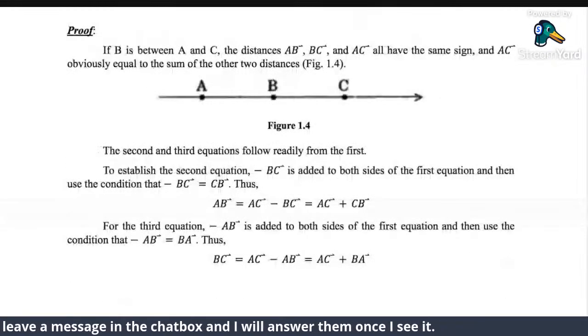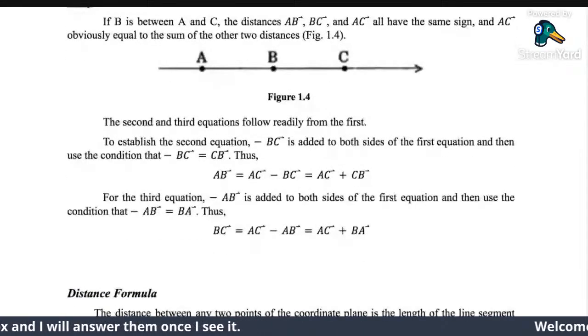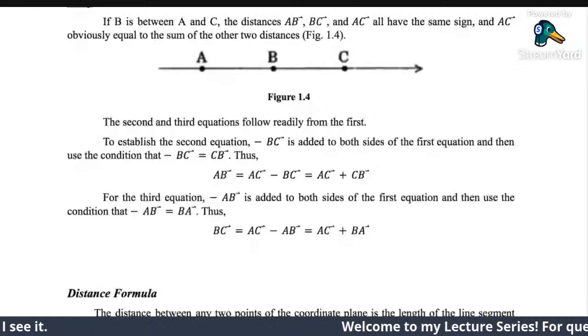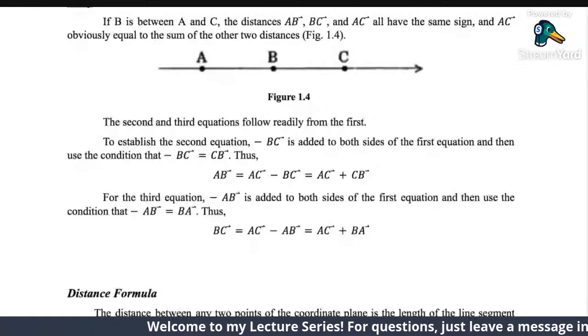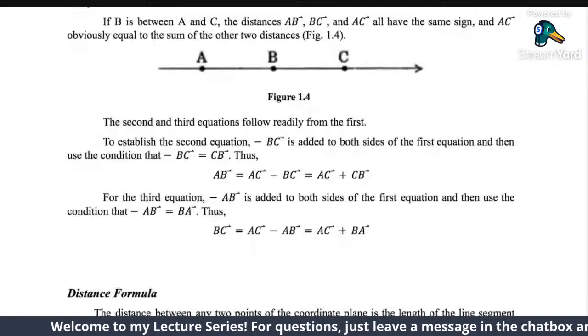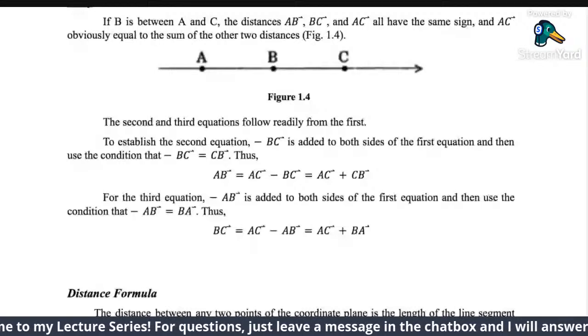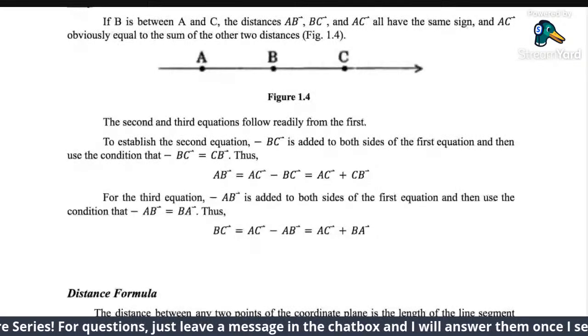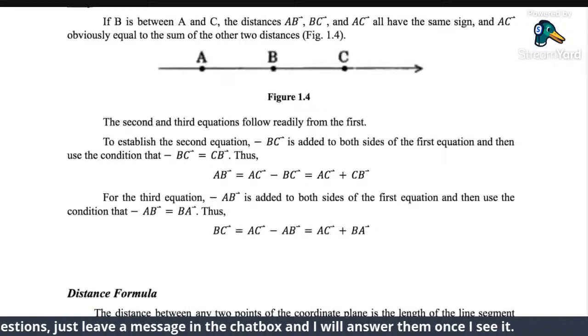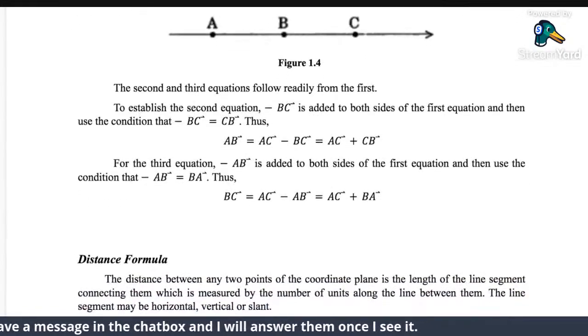So ito yon, A, B, and C. So directed distance AB plus BC will give you AC. Or baliktad, CB, BA will give you CA.